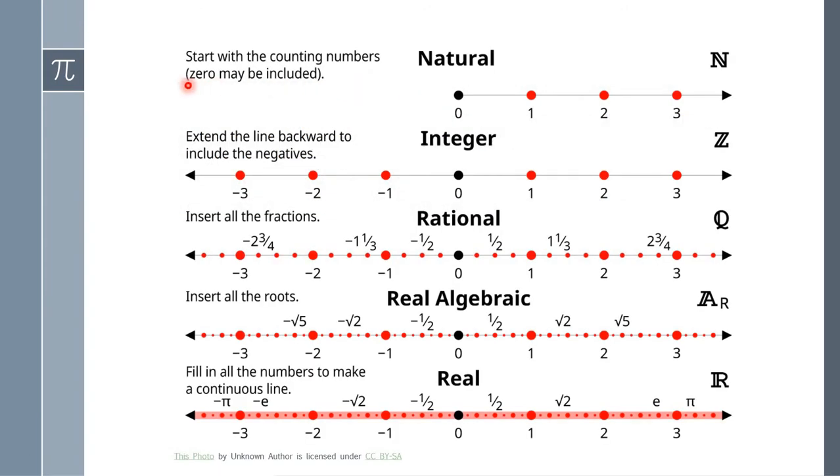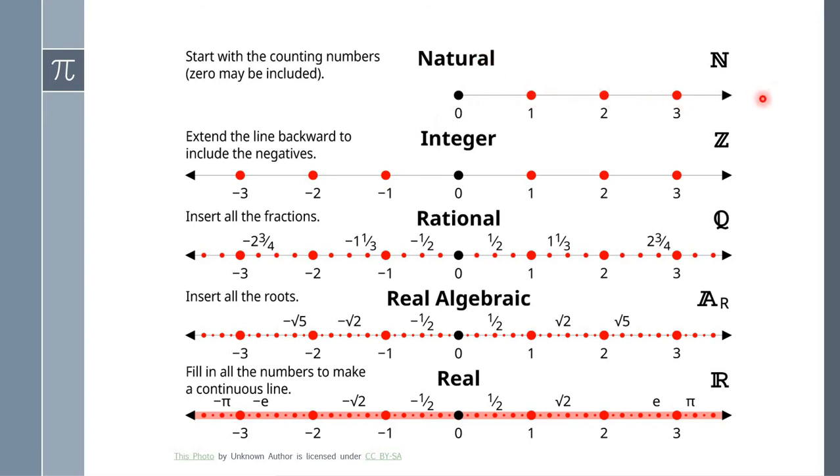So we start with the counting numbers. 0 may be included here. Start with counting numbers: this one does not yet include 0 in the natural numbers. It is just 1, 2, 3.